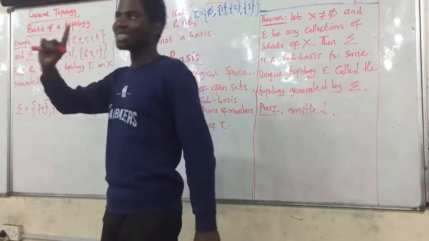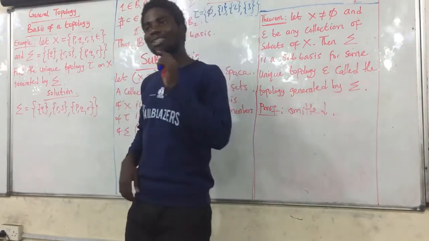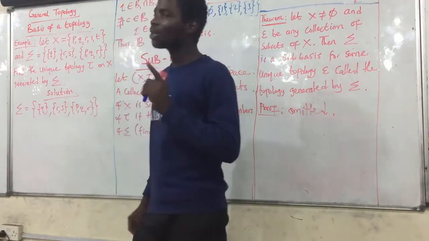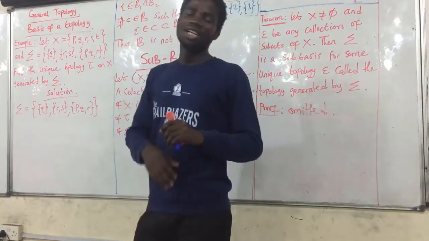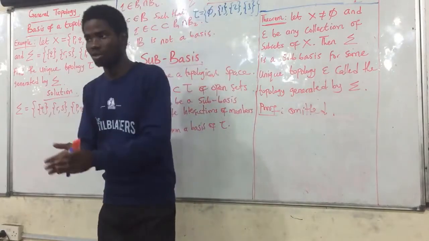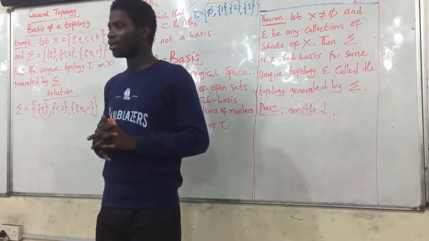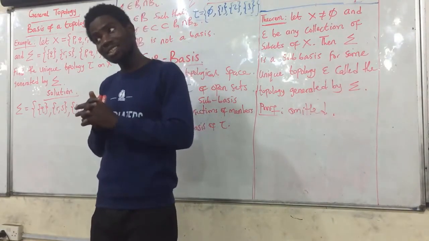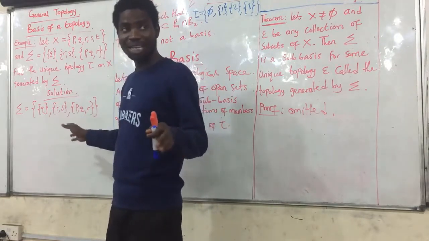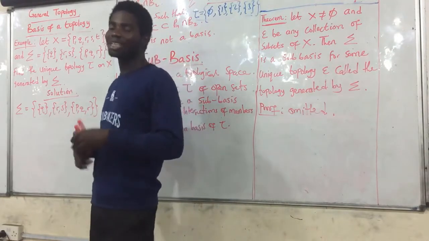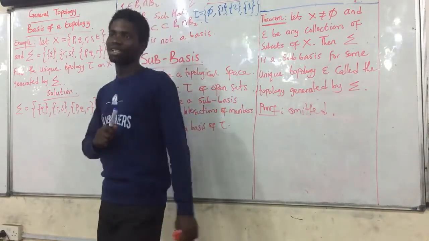Now, number one thing is that the topology is equal to the union of members of what? Of the basis, isn't it? Do I have a basis here? No, I don't have a basis here. But I have a sub-basis.